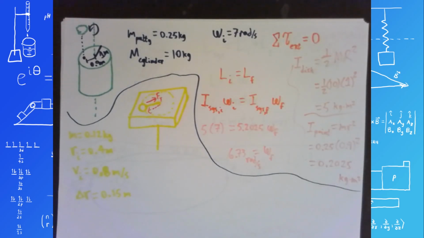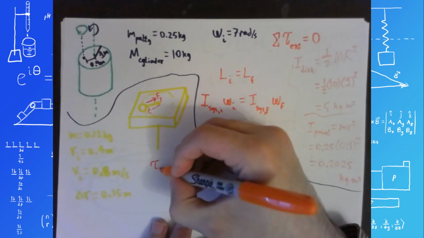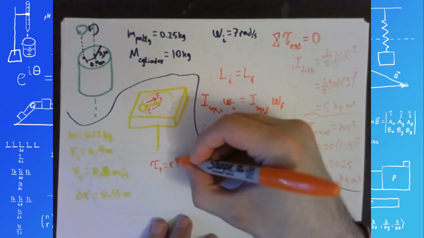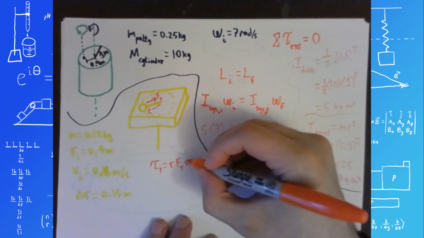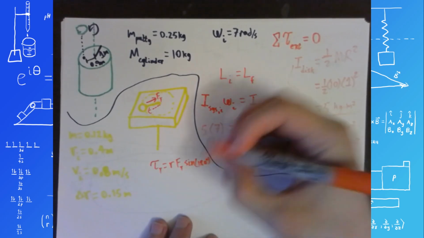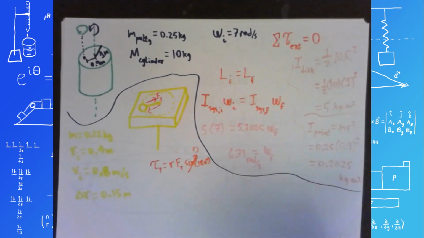The angle between the lever arm and the force is 180 degrees, so the torque due to the tension force would be R times the tension force times sine of 180. Sine of 180 degrees is 0. So there's no torque due to this string. There's no torque due to the tension in this string.